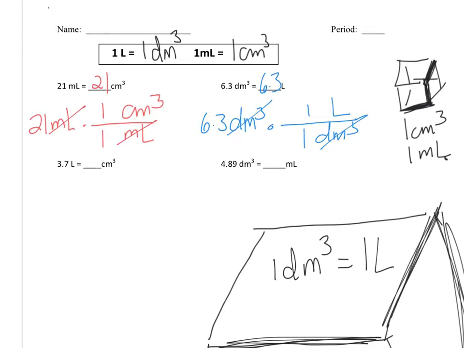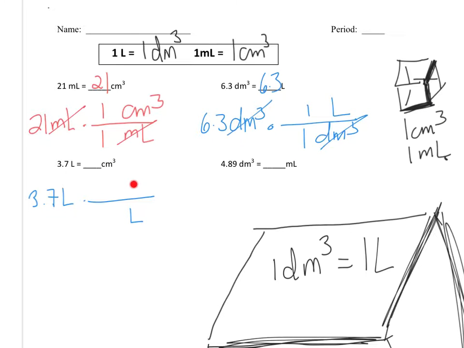So let's say I have 3.7 liters, and I want to know how many centimeters cubed that is. So I'm going to start with what I have, 3.7 liters. On the bottom, I'm going to put liters. But the problem is, I normally would put centimeters or centimeters cubed or something like that here.